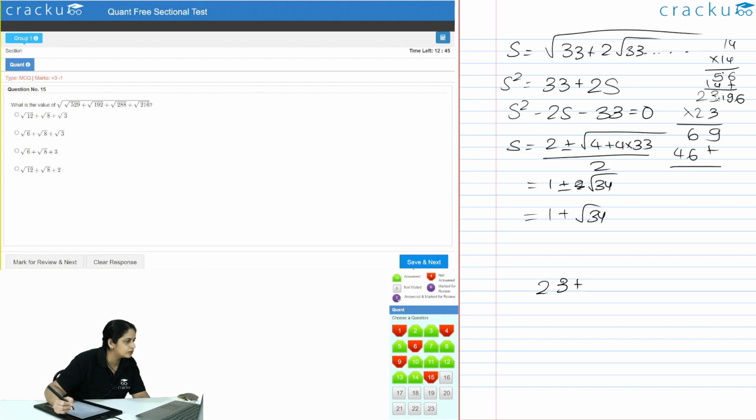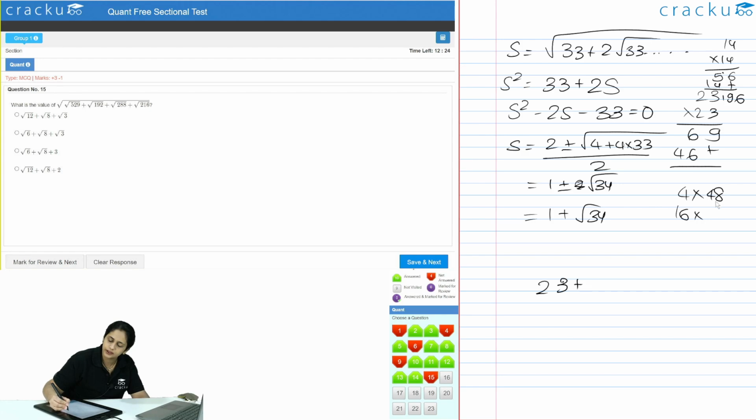So this is very close to 196, but not 192. So 4 times 48, so slightly close to 4 times 48. So this would be 16 times 3.